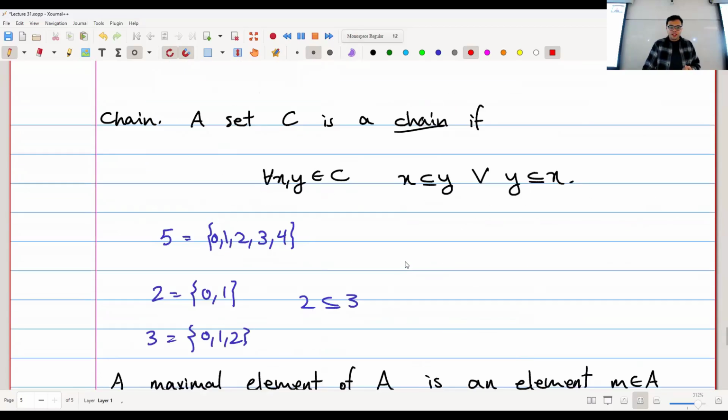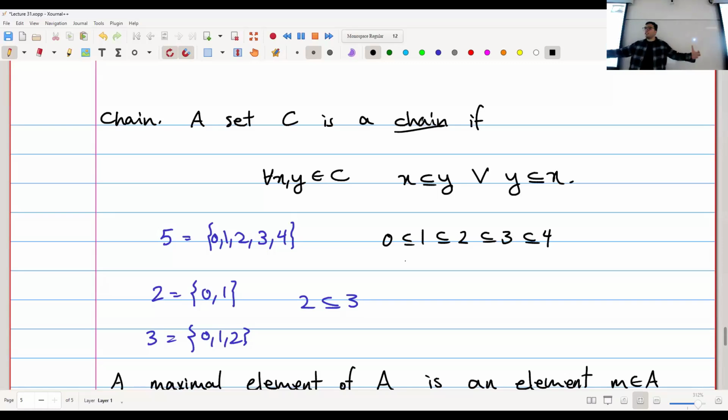Okay. Again, a good example of this is natural numbers. Of course, this is a finite example as well. I have a chain here, right? So I have like 0 is a subset of 1, it's a subset of 2, it's a subset of 3, it's a subset of 4, right? So this is a chain.